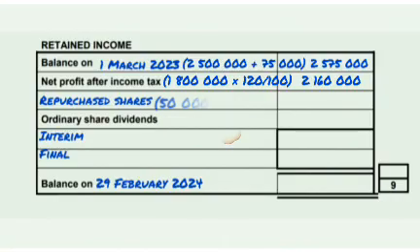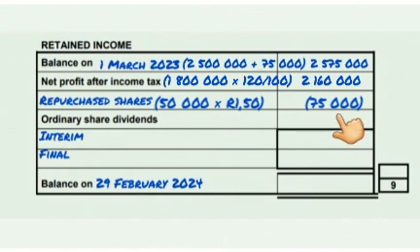It's similarly the same calculation, 50,000 multiplied by R1.50, and it's going to give me 75,000. It's going to be in bracket because it's a repurchase of shares. That's why at the beginning of the year we had to add it back, because what you do with a repurchase of shares is you always subtract it. That is because it's an expense.